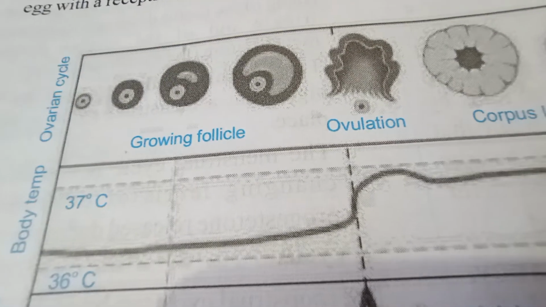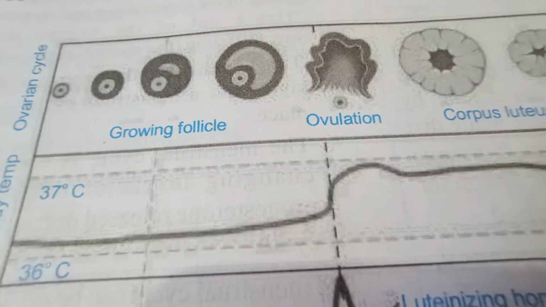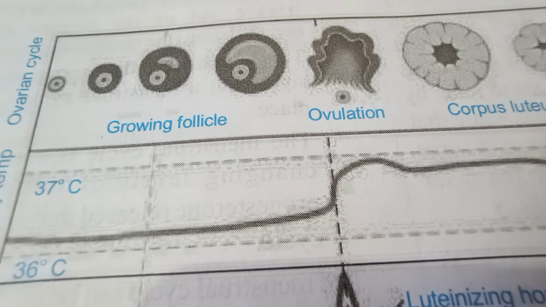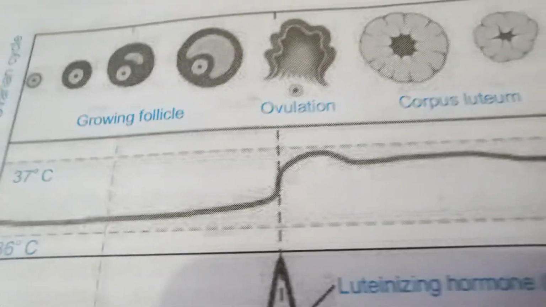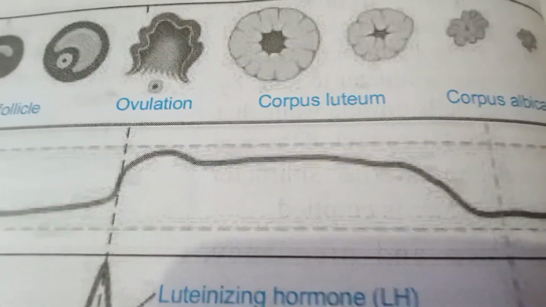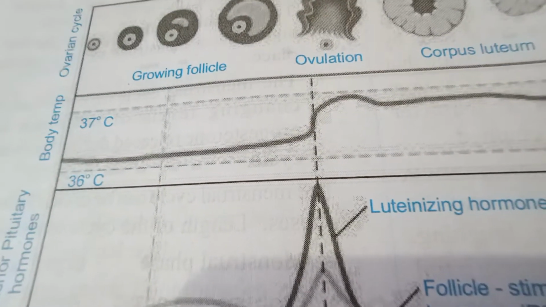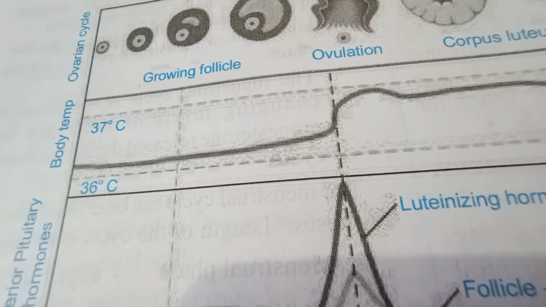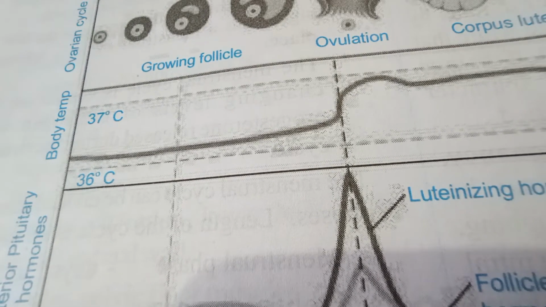Coming to the ovarian cycle, see how the growing follicle develops from a small dot to a bigger one. Next is ovulation, then the corpus luteum, and then the corpus albicans. It depends upon body temperature, that is 36 to 37 degrees Celsius.